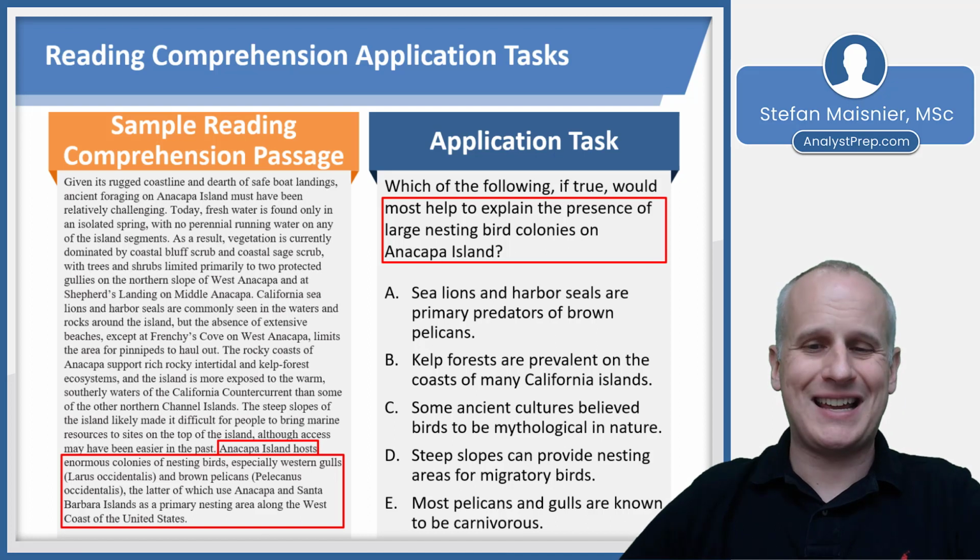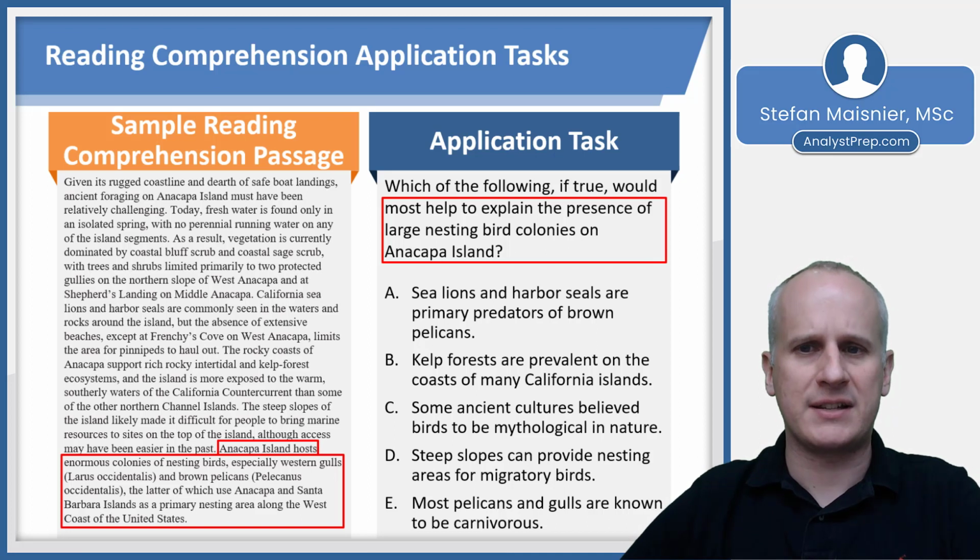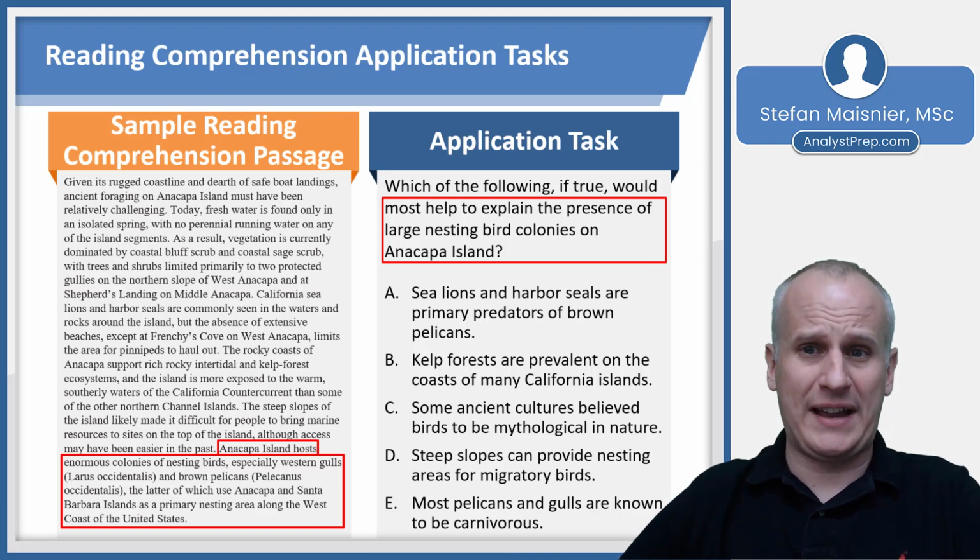Now, choice A, we've got sea lions and harbor seals are primary predators of brown pelicans. Now, this is why an application task and a critical reasoning style application task can be particularly difficult, because you may be thinking to yourself, well, that wasn't mentioned at all here. That's not good enough. It might have been mentioned somewhere else in the passage, which is why this gets difficult.